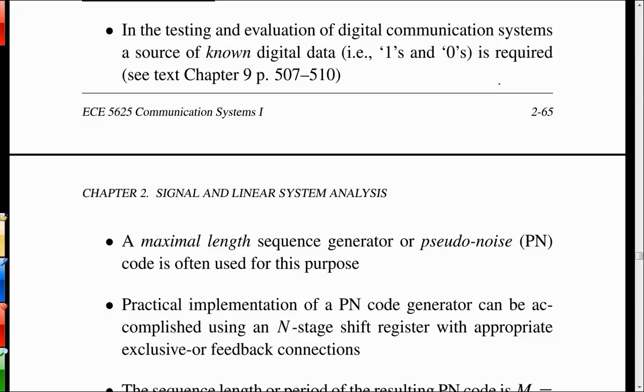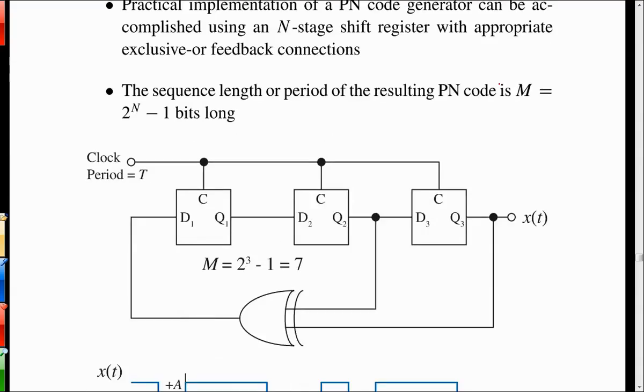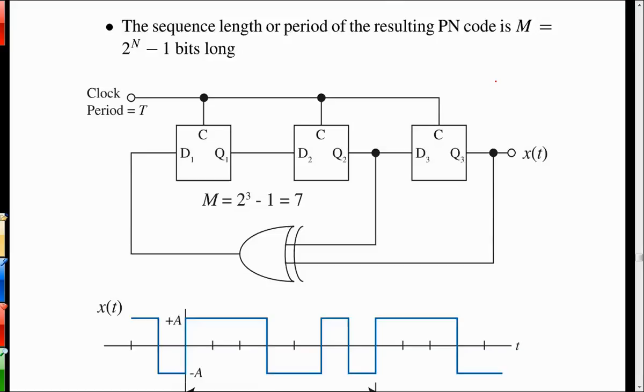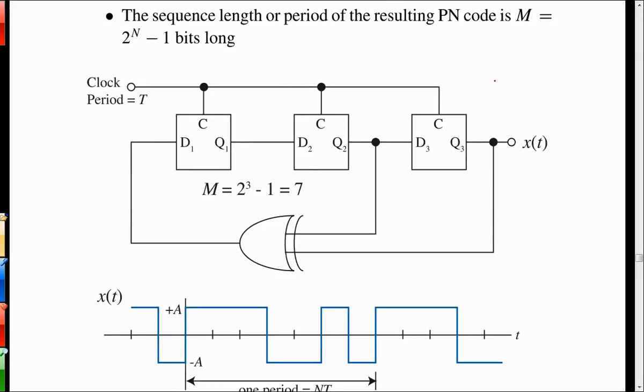It's a maximal length sequence generator, and this is in hard digital logic what it looks like. You can create it with some D flip-flops, and then you have an exclusive OR feedback mechanism that comes around and connects to the first shift register flip-flop.